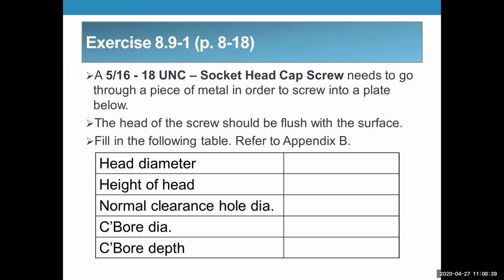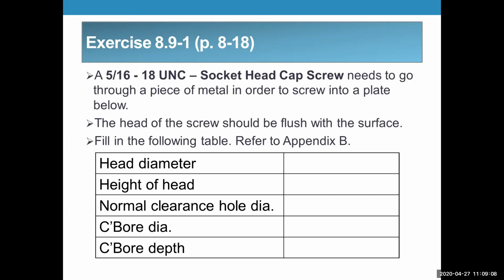If we look on B6, it says the head diameter for anywhere from a 1/4 to a 4-inch fastener, which is pretty huge, should be 1.5 times the diameter of the bolt.